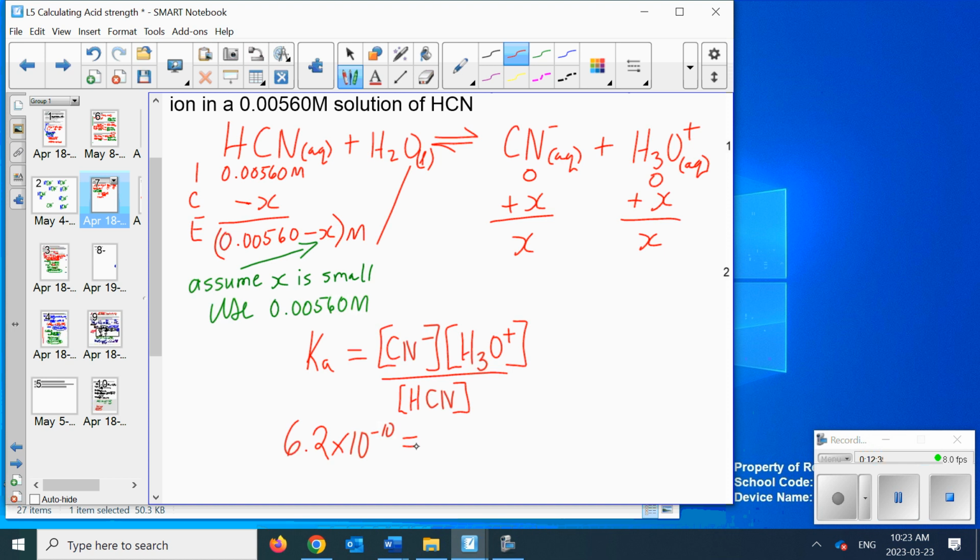So the CN concentration, we're going to use X. And then the H3O concentration, we'll use X. We're not going to use 0.0056 minus X. We're going to use 0.0056. Minus X doesn't really make a big difference, it's going to be so tiny mathematically.